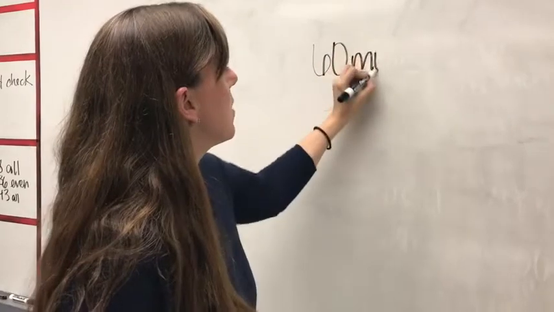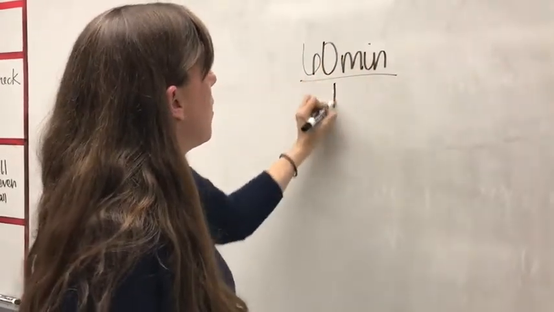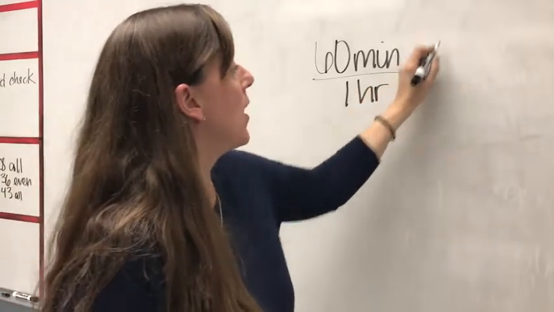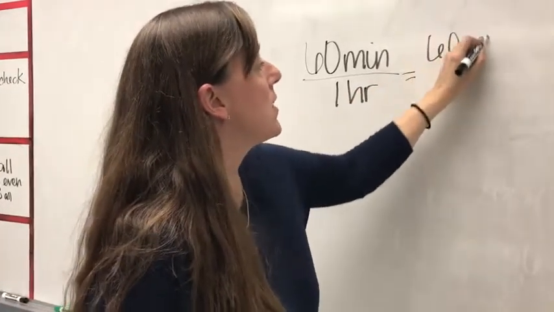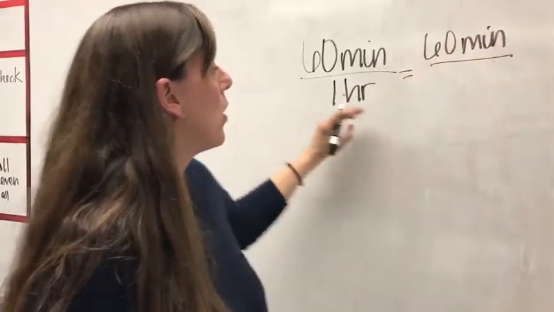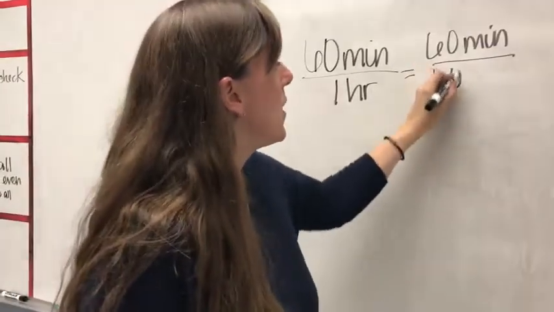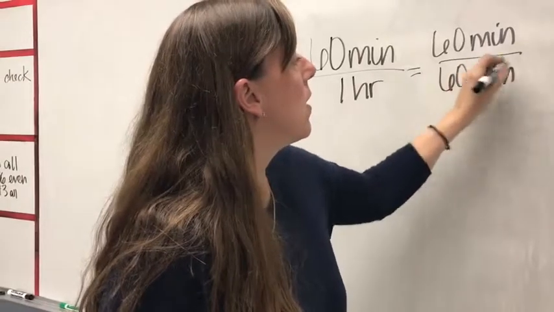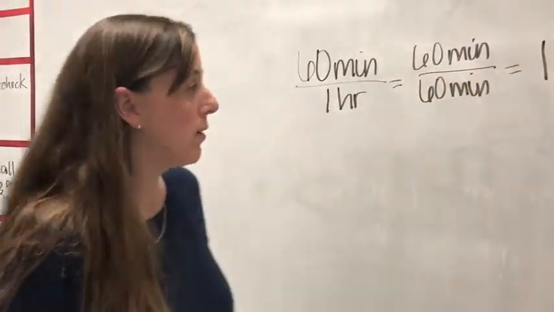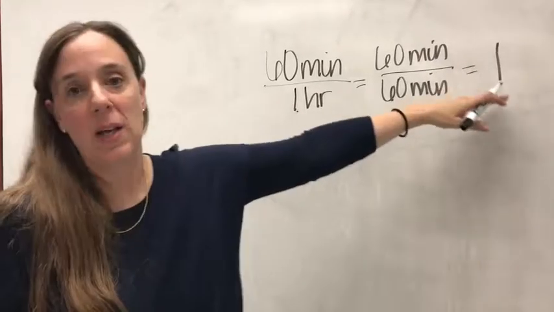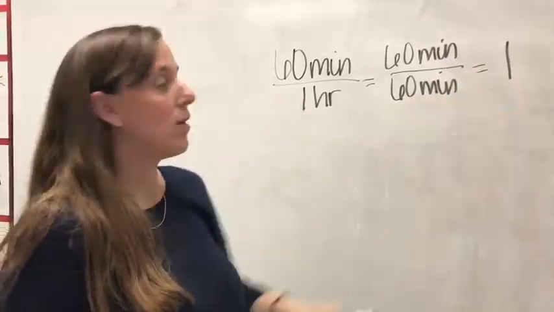60 minutes is 1 hour. And you could say 60 minutes over 1 hour is how many minutes? It's 60 minutes. And that equals 1, okay? So using it is totally fine because it's just 1, okay?